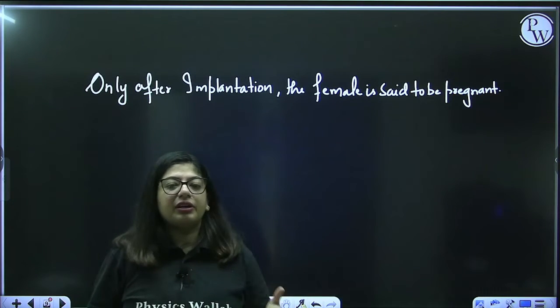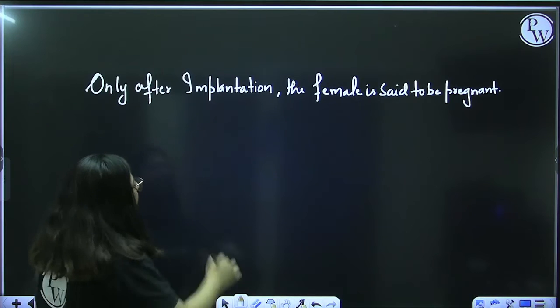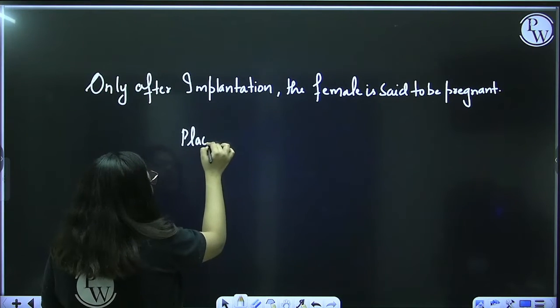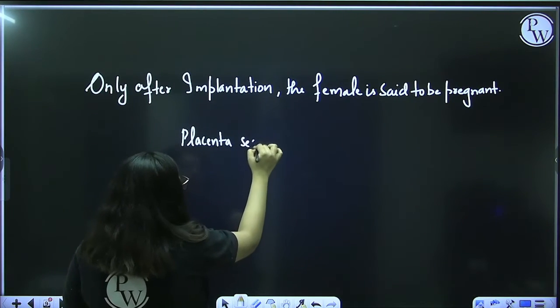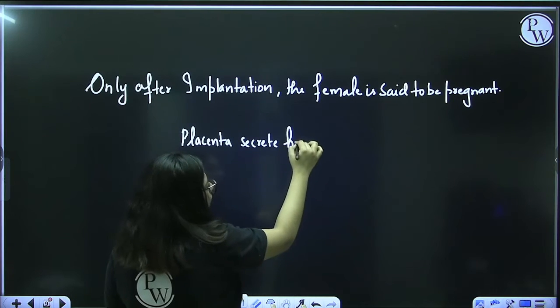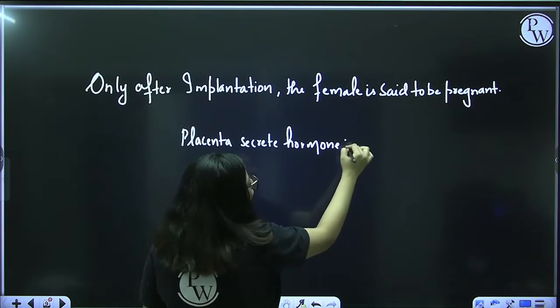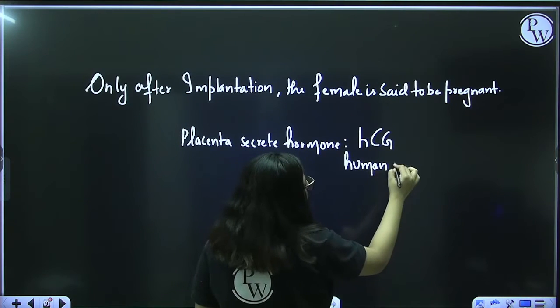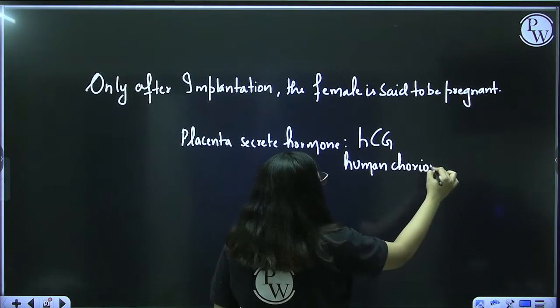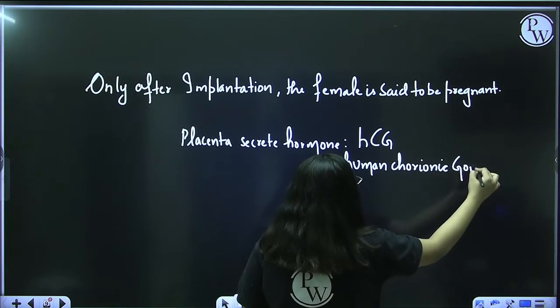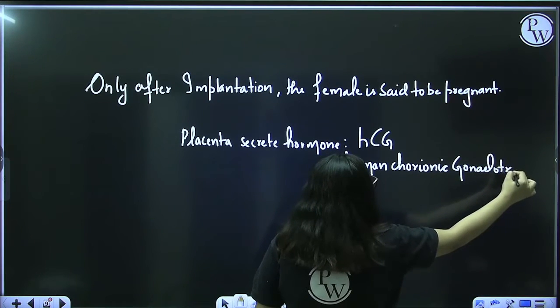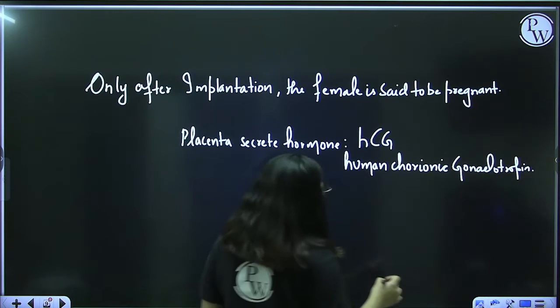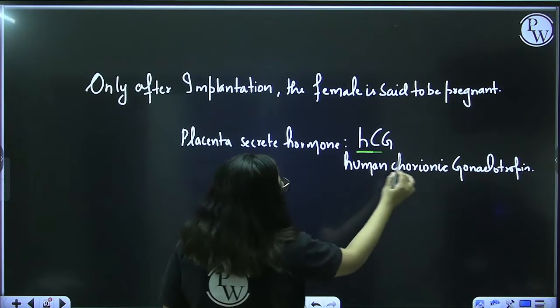Because after implantation, when the placenta is formed, the placenta secretes a hormone, and the name of the hormone is HCG, human chorionic gonadotropin. So after implantation, after the placenta is formed, it will start secreting this hormone HCG.